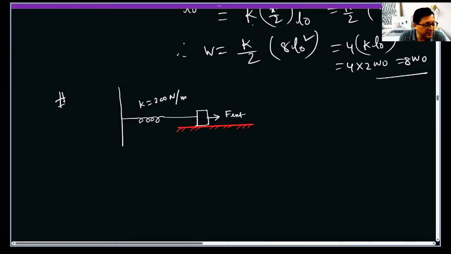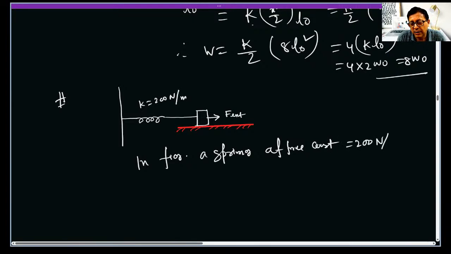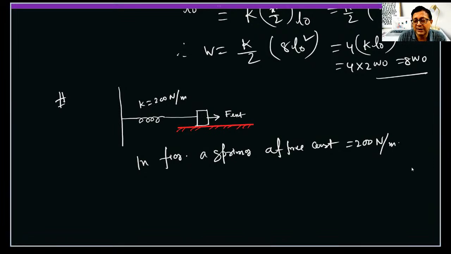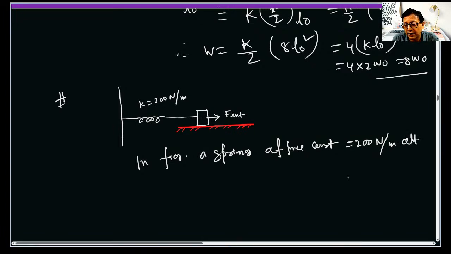So let me write the question here. In this diagram, a spring of force constant 200 Newton per meter is shown, attached to a block.